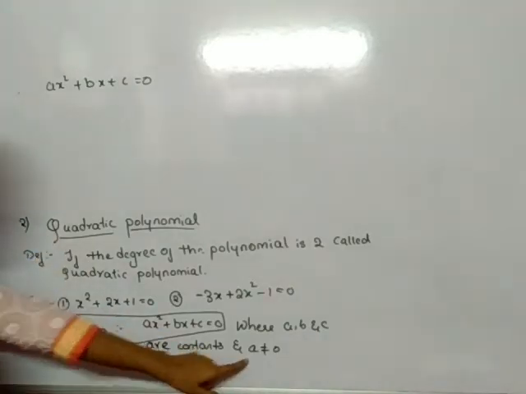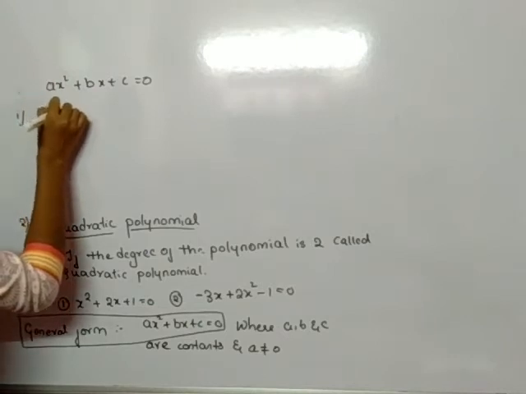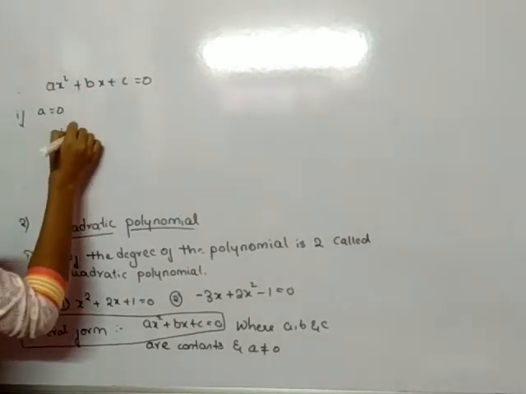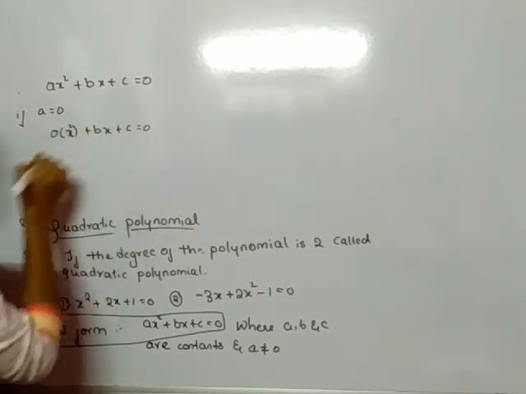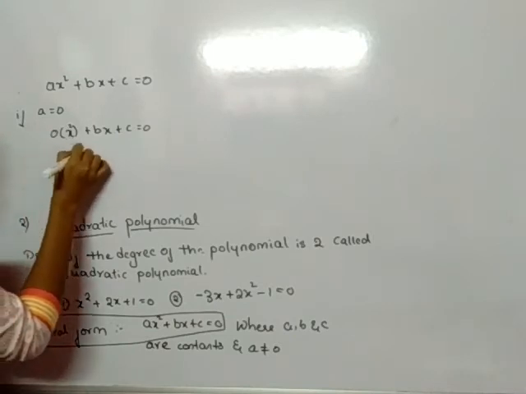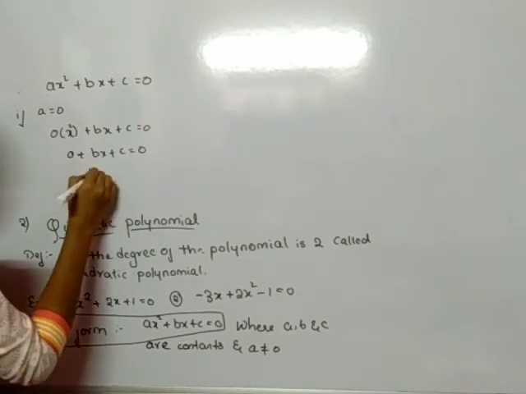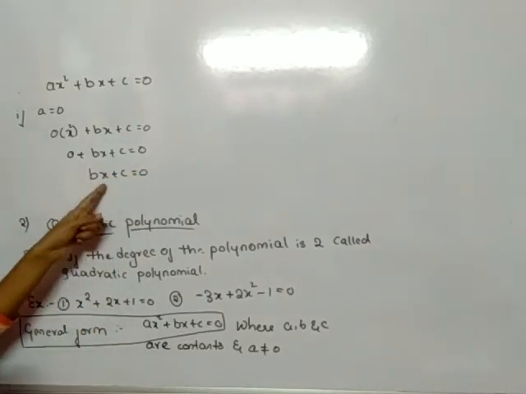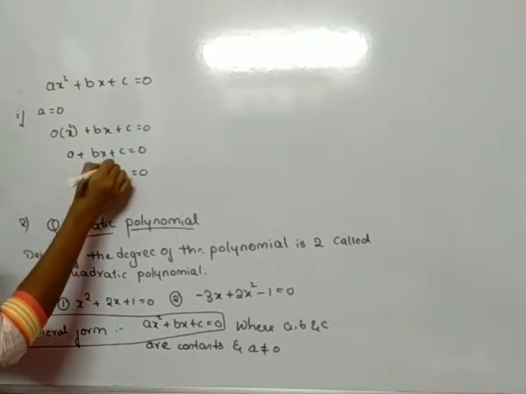Polynomial, right? If a is equal to 0, we'll check: 0 into x squared plus bx plus c is equal to 0. Then this whole term will become 0. 0 plus bx plus c is equal to 0. Then bx plus c is equal to 0. You can observe here the degree of the variable x is 1, isn't it?